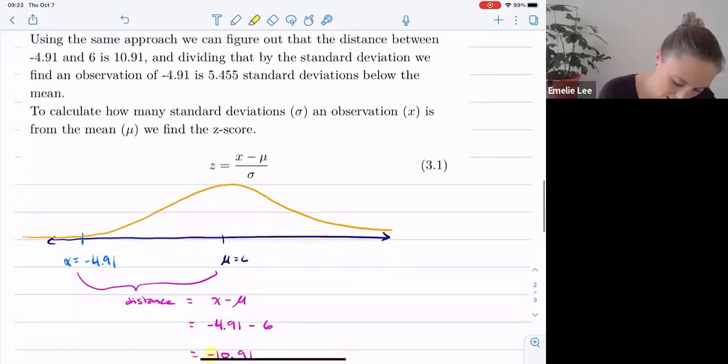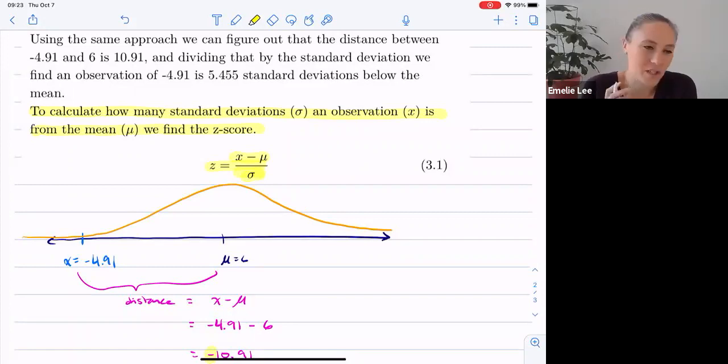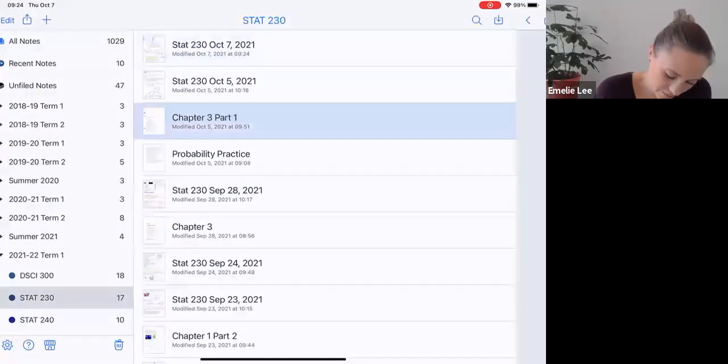We're using that same notation of X as the observation that I'm interested in. This formula, you would have gotten to if you had to figure it out on your own. But from now on, you can just put it on autopilot and go for it, right? If you have to find how many standard deviations below the mean or above the mean something is, then you can just calculate the Z-score.